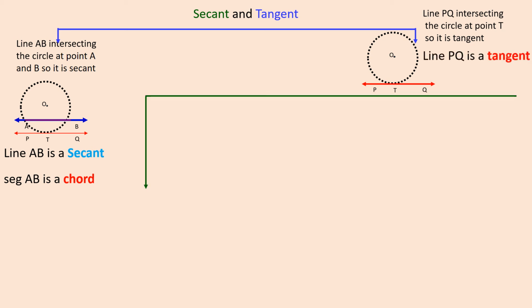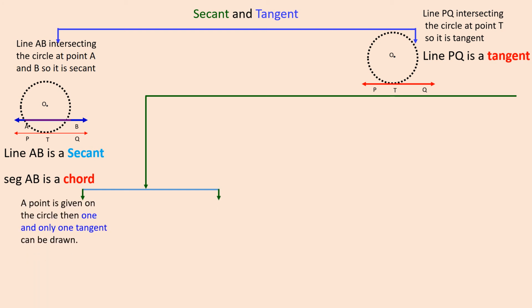Clear? So now further, when we classify a tangent, we found that we have two more points. If a point is given on a circle, then one and only one tangent can be drawn. As you see, we are doing the tangent, so I thought I will bring it on one page so it will be easy for you to remember.